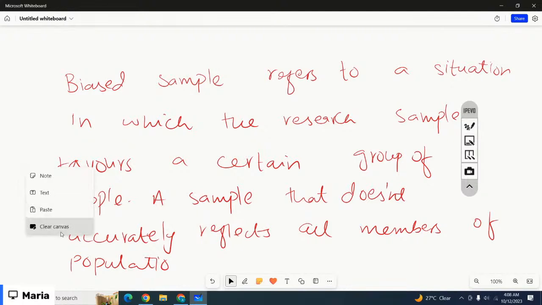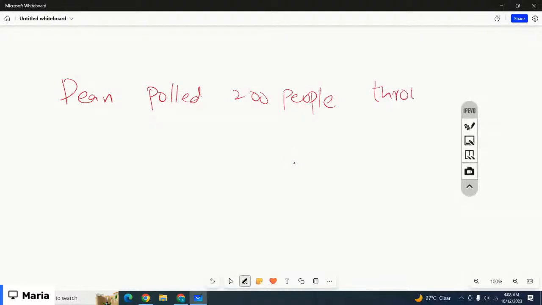Let me write down the question on the board. Dean polled 200 people throughout the city. You need to see if this given sample is a biased sample.